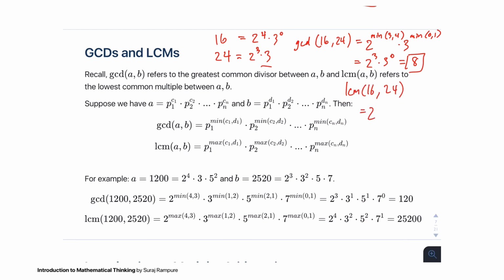Well, it's 2 raised to the max of 3 and 4 times 3 raised to the max of 0 and 1. What's the max of 3 and 4? Well, it's 4, so we get 16. And what's the max of 0 and 1? It's 1, right? So we get 16 times 3, which is 48. So this matches what we would guess intuitively.